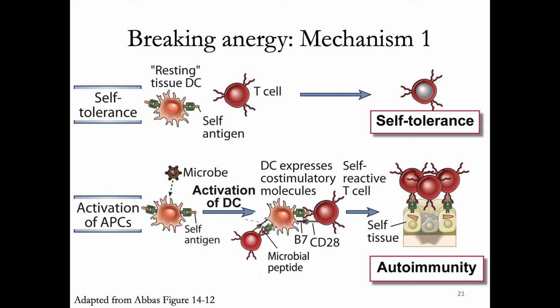You can also remember that the B7 protein is a separate protein from MHC. It diffuses separately in the cell's membrane. And so it's possible that this B7 can pair with the MHC presenting the self-peptide, because this antigen-presenting cell is just making lots of B7.